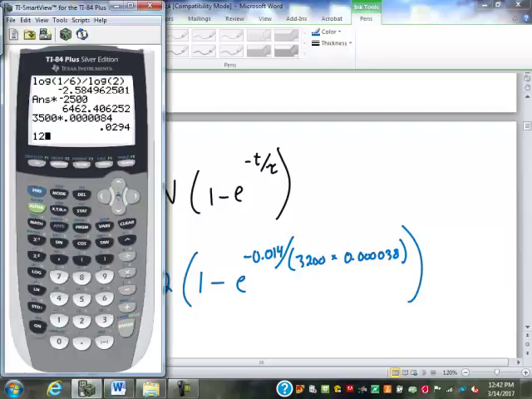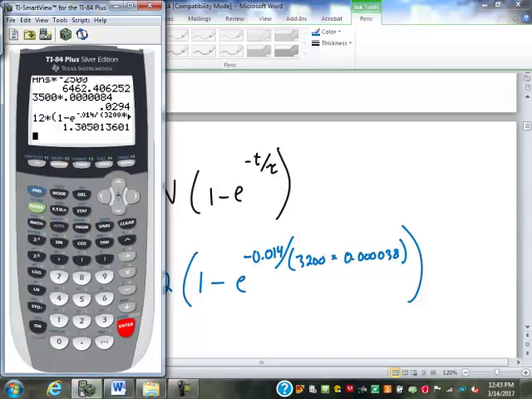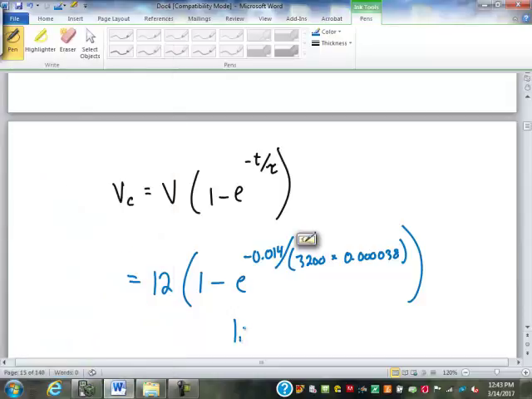So 12 times 1 minus second e to the power of negative 0.014. 0.305. That is volts.